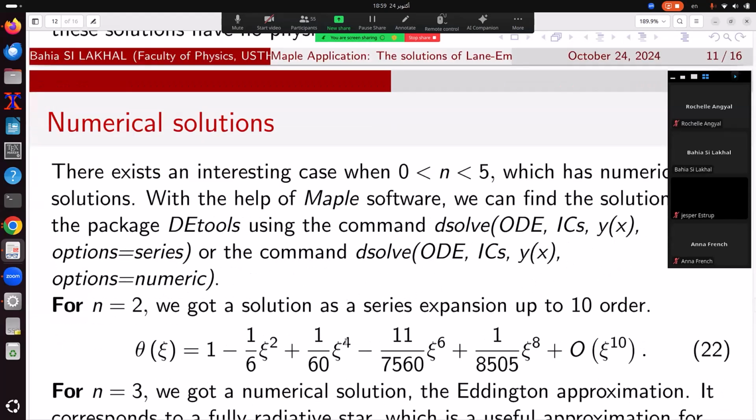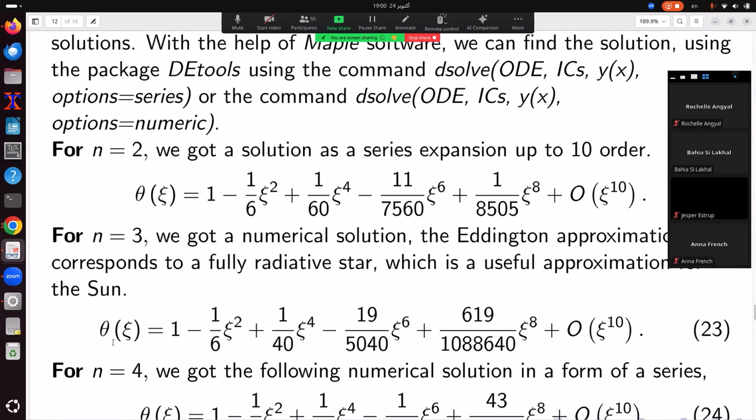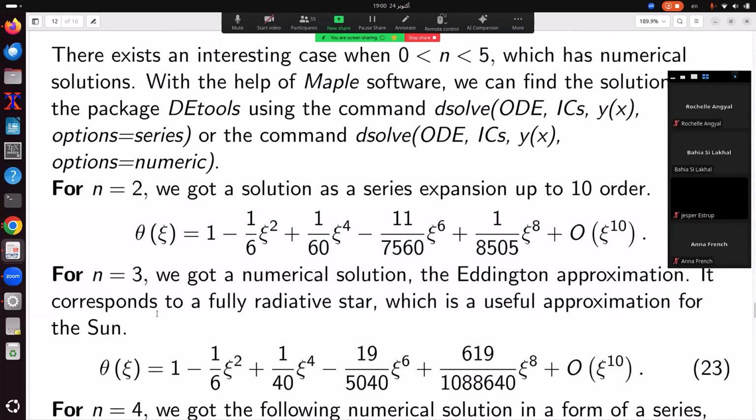For example, I give here in this talk the solutions in series for n equal 2, for n equal 3, for n equal 4. For n equal 3, it is a solution called in astrophysics the Eddington approximation. It corresponds to a fully radiative star, which is a useful approximation for the sun.